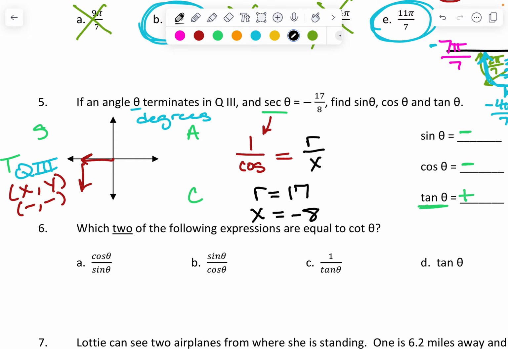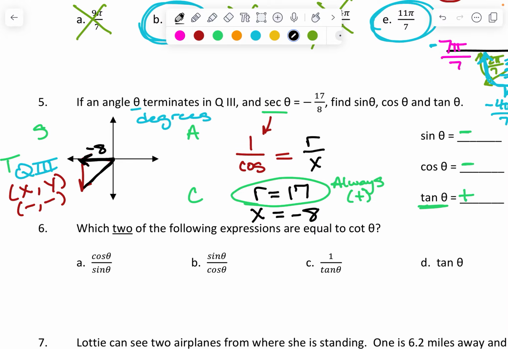And if you're wondering, how did you know that the 8 was negative and not the 17? R is always positive, just like on the unit circle. So also think about the x. I had to go left, so I had to go negative 8.